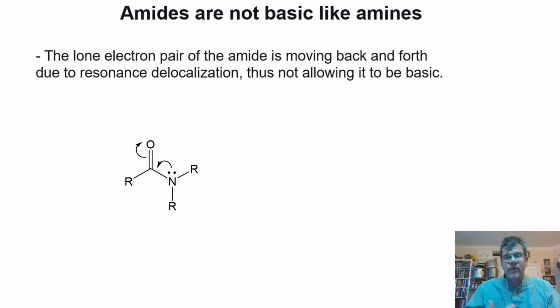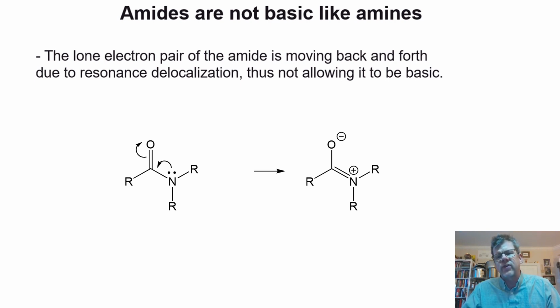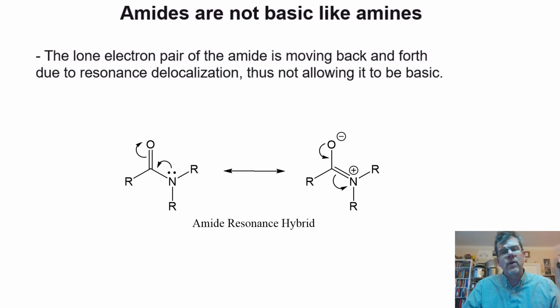It can do this. In fact, it does do this. So we get this really weird structure we see here over on the right, but then we can collapse that electron structure again and move back to the original one. This is yet another example of a resonance hybrid.